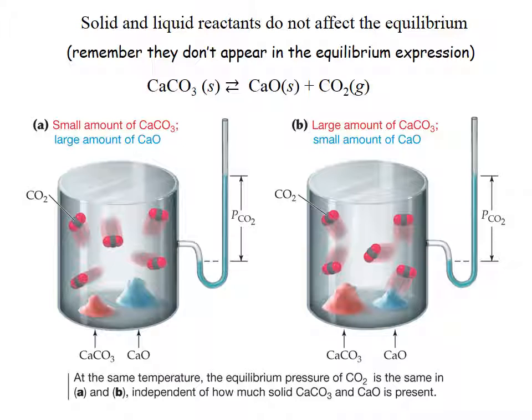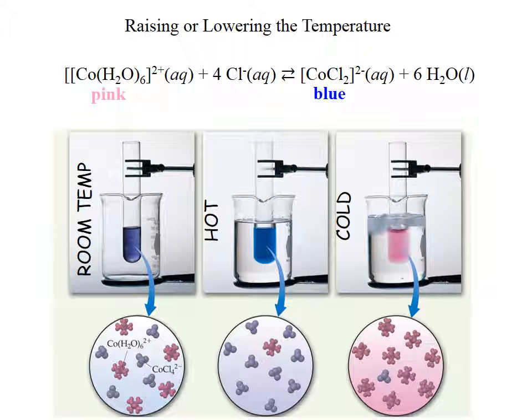And so you still have the same concentration of gases. So Le Chatelier's principle is not relevant to solids or liquids in the equilibrium because they do not appear in the equilibrium expression.